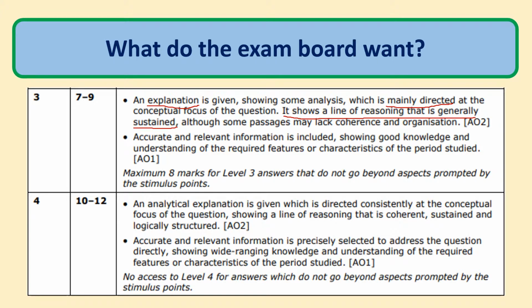So again, the majority of the answer is linked back to the question, but there's some variation in it. There's one paragraph that maybe isn't as strong. Notice that we're moving from good knowledge to accurate, relevant information to back up or support your explanation. And again, you can't get more than 8 marks if you don't go beyond the stimulus material.